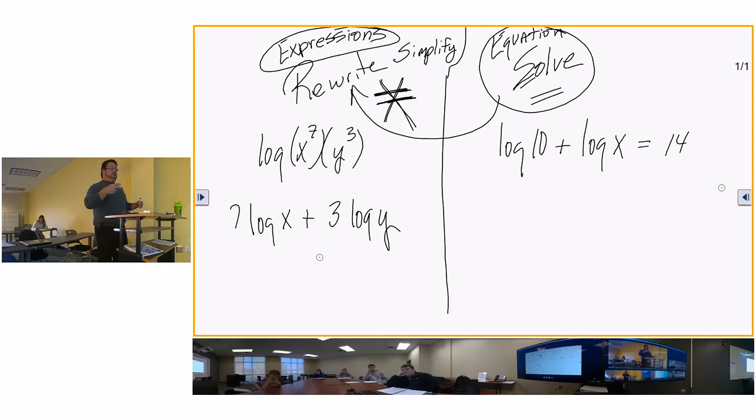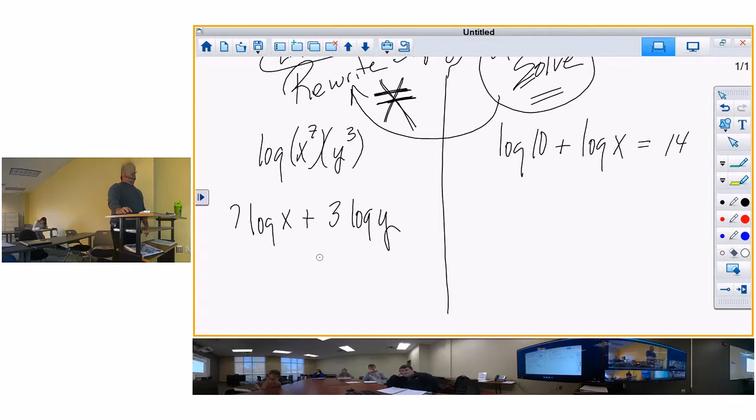The other 18 questions are going to be these two right here. Either rewrite or solve. And you think I drilled completing the square? We're going to drill this the same way. I'm going to give you problem after problem after problem. We're going to spend the next 2 or 3 weeks, whatever is left in the semester, going over these 2 type problems.